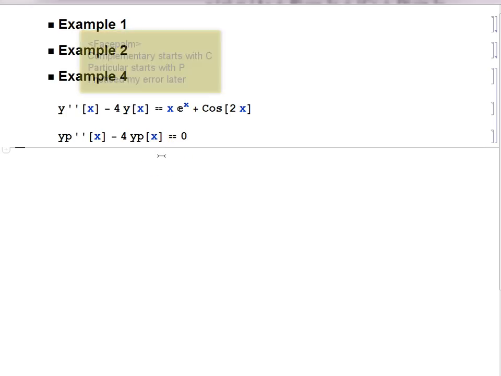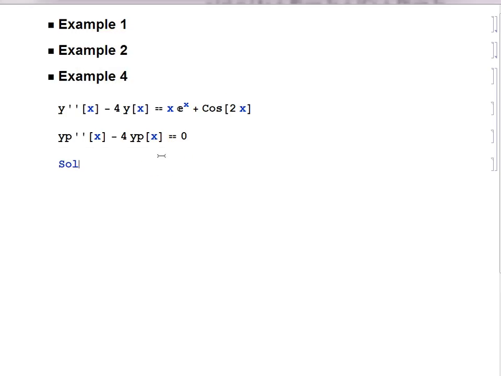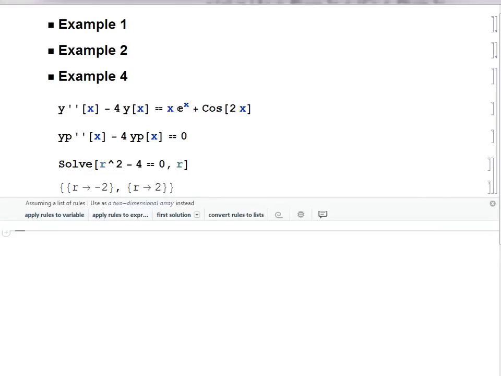We are actually going to solve the auxiliary equation, or the characteristic equation, for that. So that's r squared minus 4 equals 0. r is minus 2 and 2. Good. Two different real numbers. We know how to deal with that.